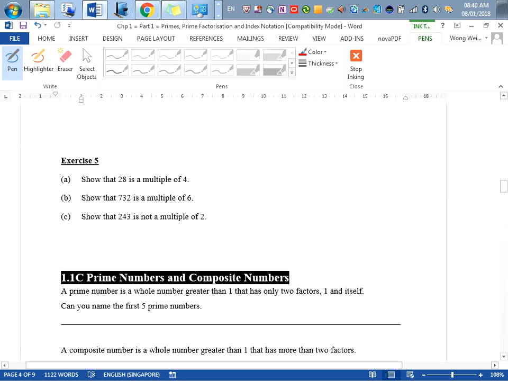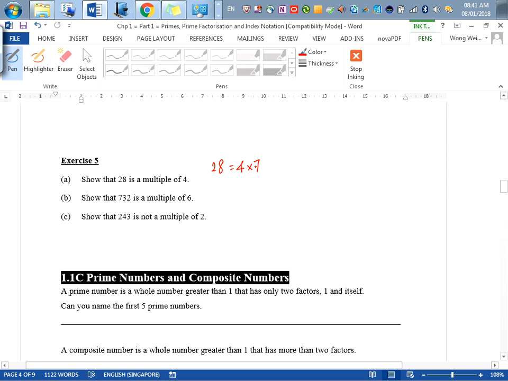Okay? So, I want you to pay close attention to this. Whenever I want you to show that 28 is a multiple of 4, or show that something is a multiple of something else, I want you to write it down this way. 28 equals to, write it down first. 28 equals to 4 times 7, right?